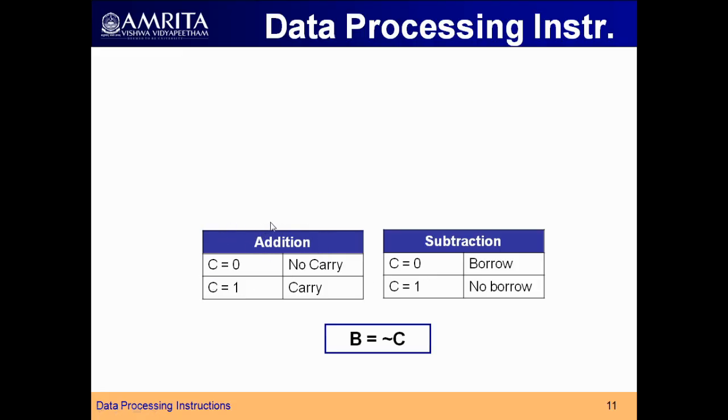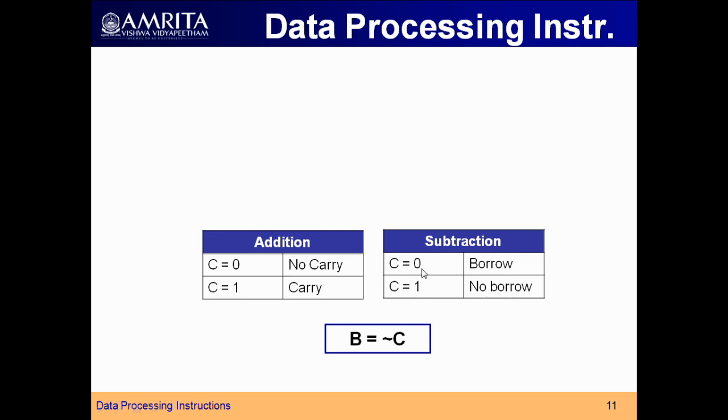While performing addition, carry flag equal to 0 means carry is not there, and carry flag equal to 1 means carry is there. Similarly, while performing subtraction, carry flag equal to 0 means borrow is present, and carry flag equal to 1 means borrow is not there.